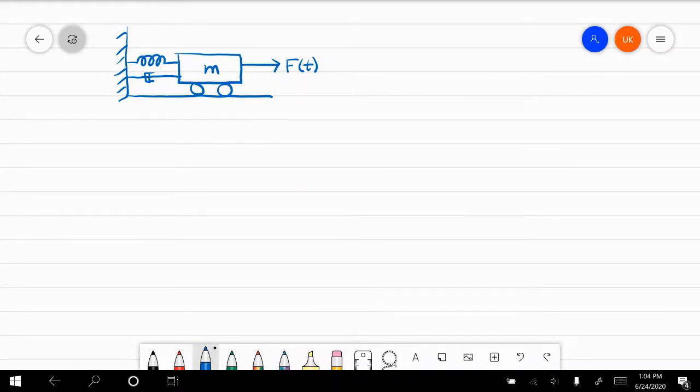Now in this particular instance, the equation that we obtained was m d²x/dt² + c dx/dt + kx = f(t), where x is the position of this mass measured from the wall.